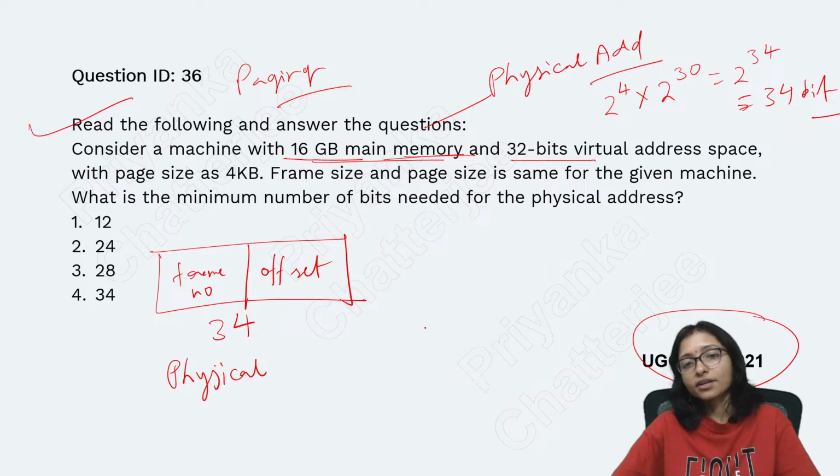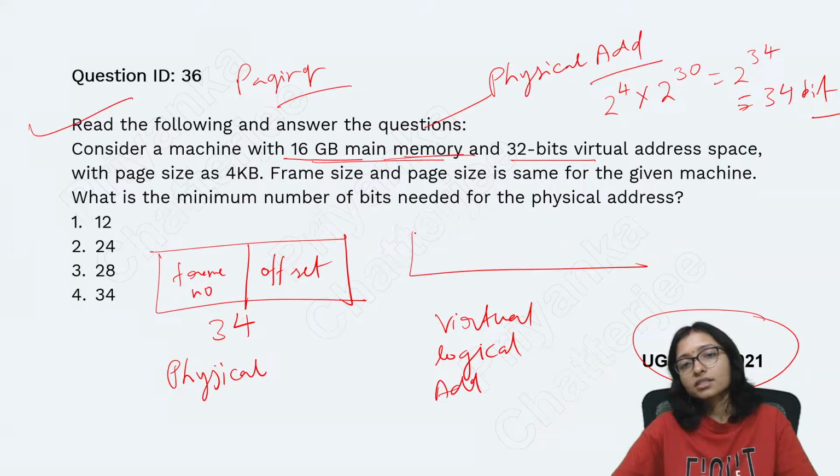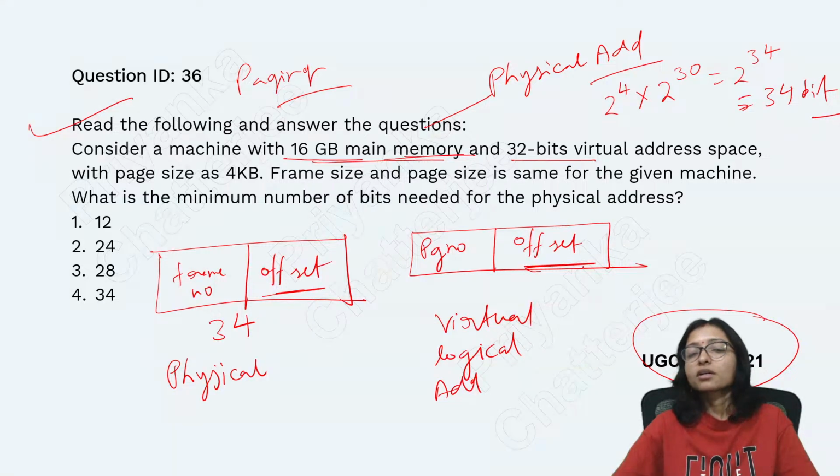And the virtual address, or sometimes we call it the logical address, is the combination of page number and offset. The offset size is the same for the physical address and the virtual address.